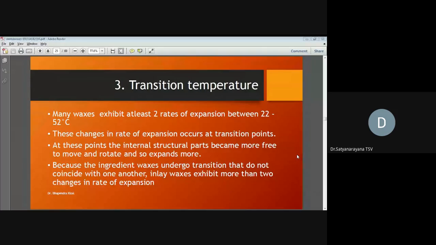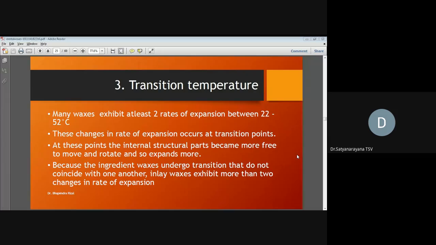So what is your transition temperature? At one particular temperature, there is a high degree of expansion. That temperature is called your transition temperature. Obviously there will be an expansion when you heat it, and when it is cooling you will have a contraction. When you are heating it from 22 degrees to 62 degrees, there might be a slight increase in expansion from 22 degrees up till 44 degrees.